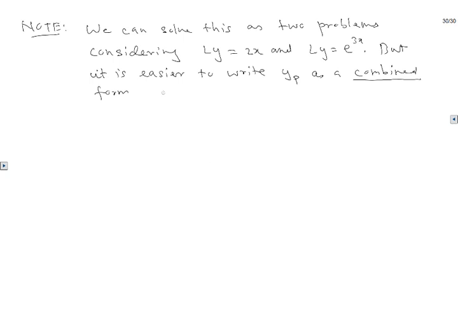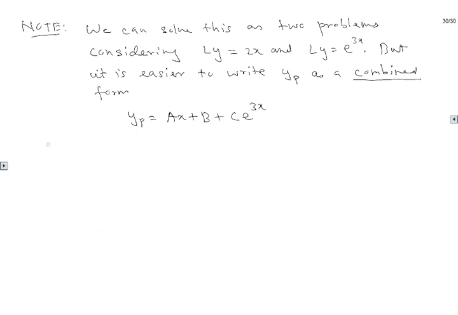It is easy to write yp as a combined form. So we can write yp like this: ax plus b plus c e to the 3x. So what we did, we got the two separate forms and combined them into one. Now we consider this just as one expression, and then we try to find a, b, c. That's the easiest way to do it.